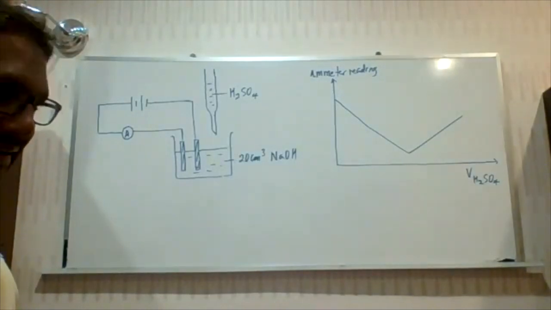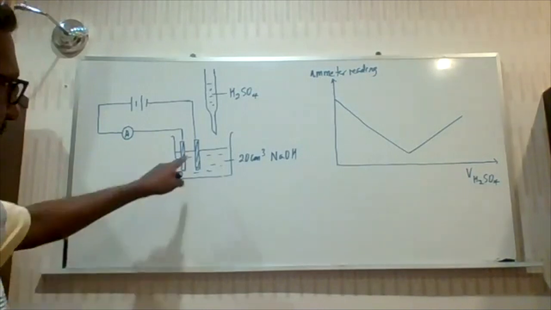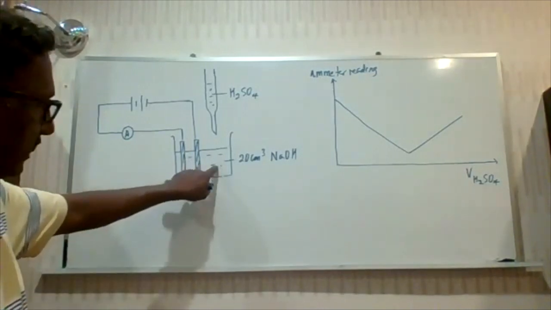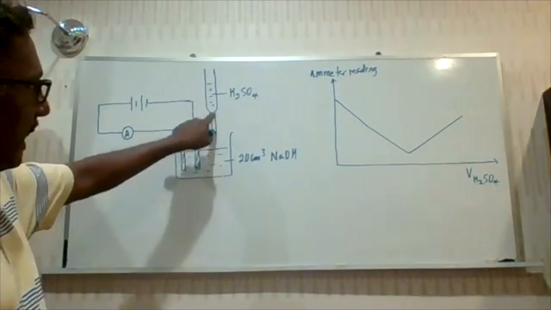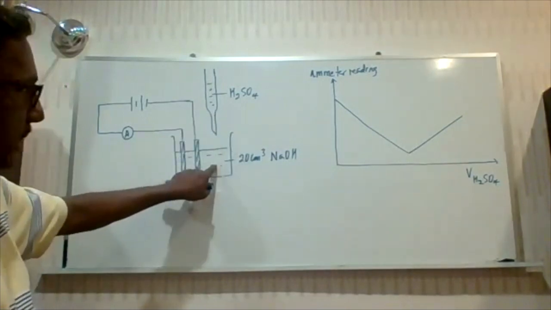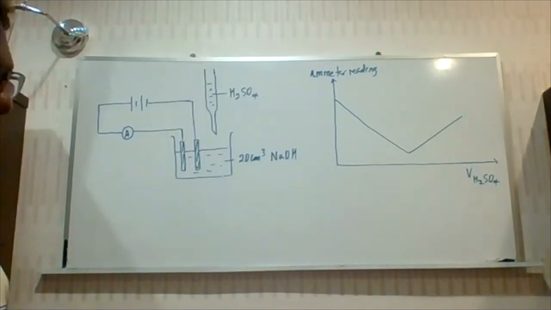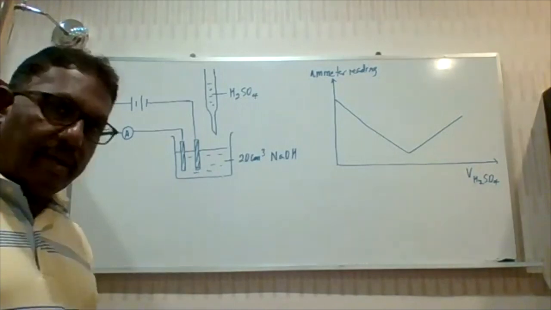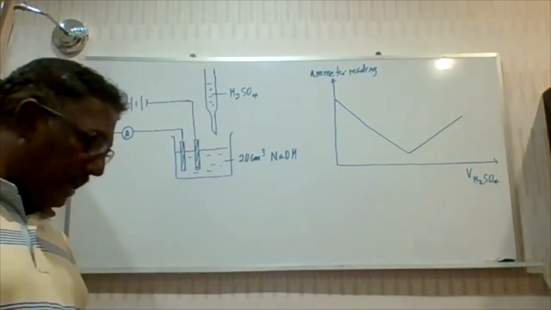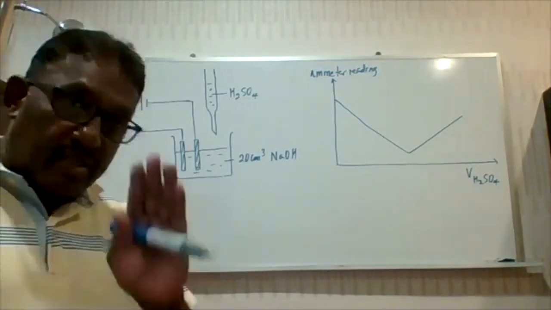We call it electrolyte. So as you are adding sulfuric acid to the sodium hydroxide, the electrical conductivity of the electrolyte is decreasing. That means the electrolyte is becoming weaker and weaker. So that's how you analyze.